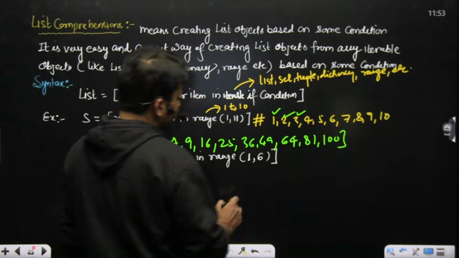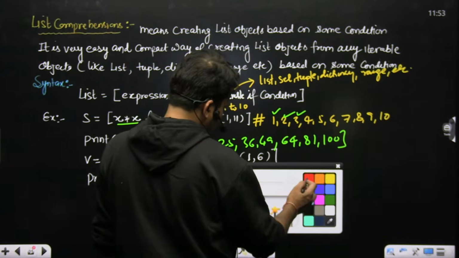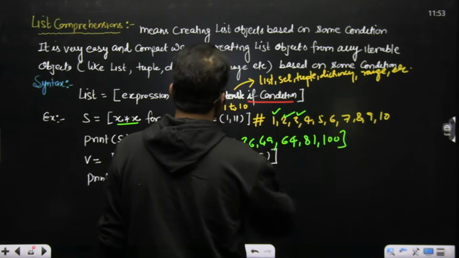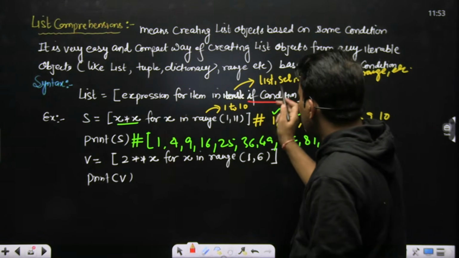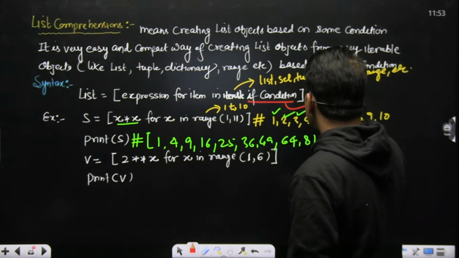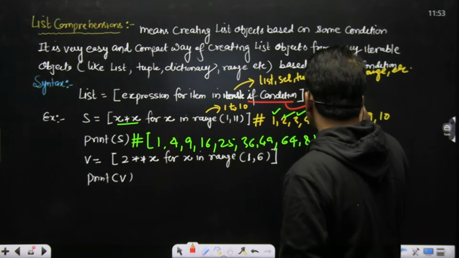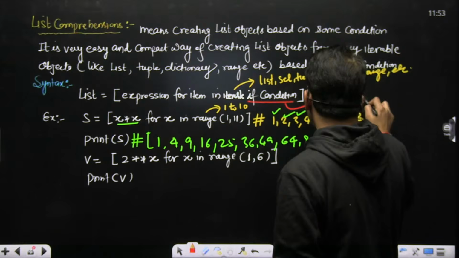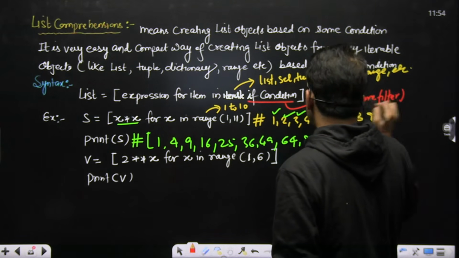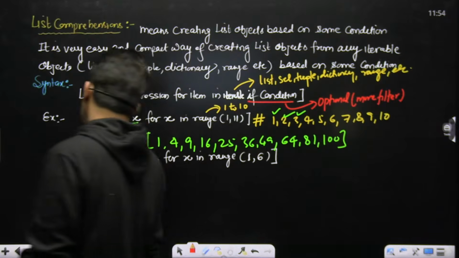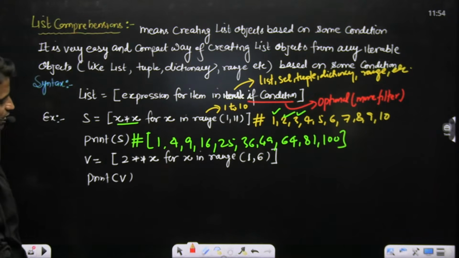This condition is optional. This is used for more filtering. Here, expression for item in iterable if condition. This is optional for more filtering. If you want to filter more, then you can use this one. v equals 2 to the power x for x in the range 1 to 6.